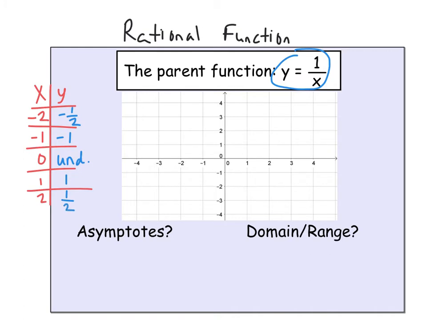So let's plot some of those points. I'm just going to try to approximate here. Negative 2 is at negative 1/2. Negative 1, negative 1. 0 is undefined. 1, 1. 2, 1/2. And let's think about what ends up happening. If we were to keep going, if you were to do 3, for example, it would be 1/3, so it would be a little bit lower.